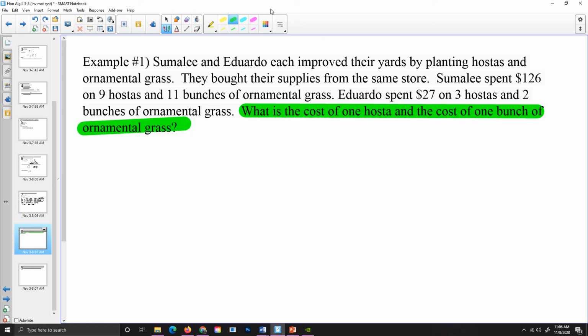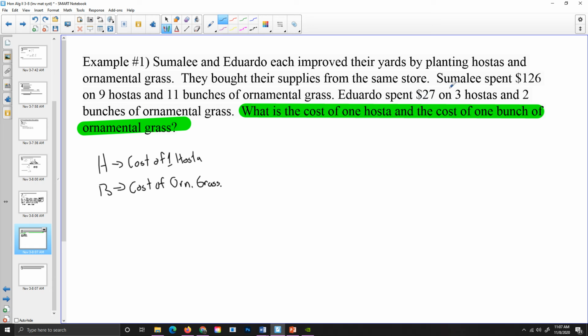And so when I know what the cost of 1 hosta is, so let's go H is my cost of 1 hosta, and we'll go B for the cost of ornamental grass. So those are going to be our variables.